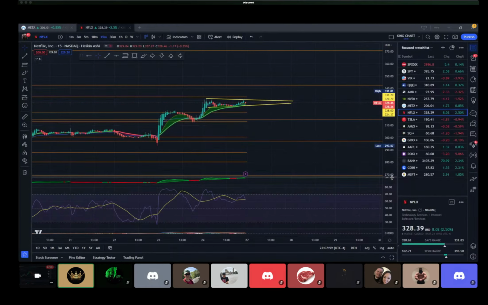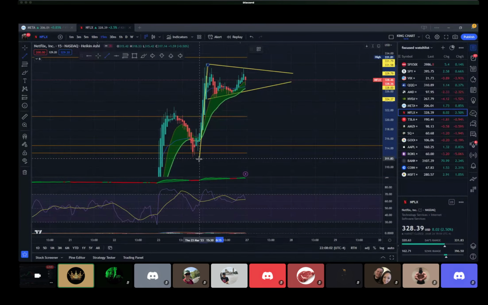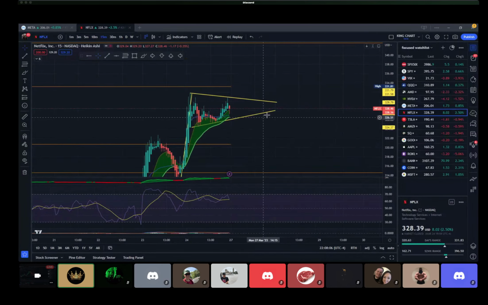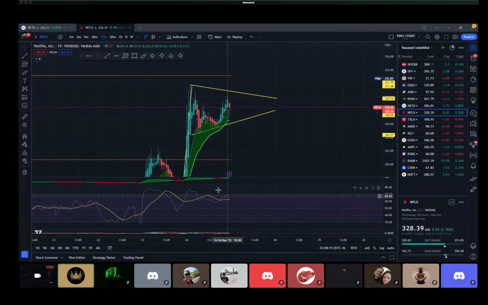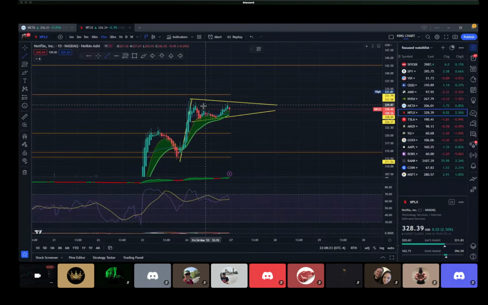That looks like a bull flag to me. Looks like a bull flag on the 15. The only thing that bothers me here is, well, actually, no, it's fine. I was going to say a divergence, but this one's higher than this candle, so it's fine. So definitely I like the upside here.